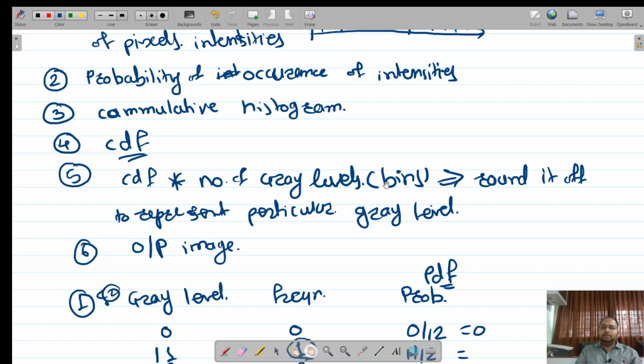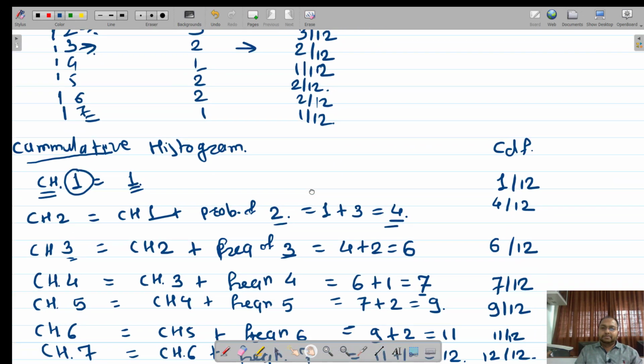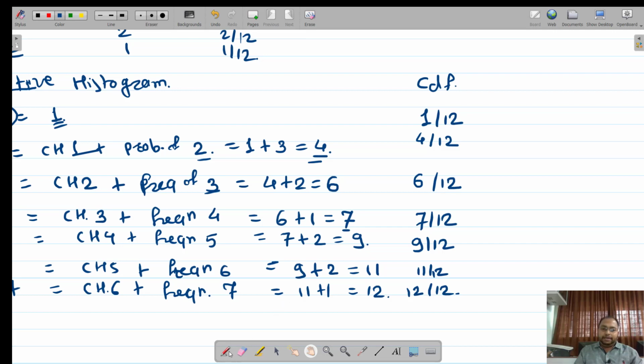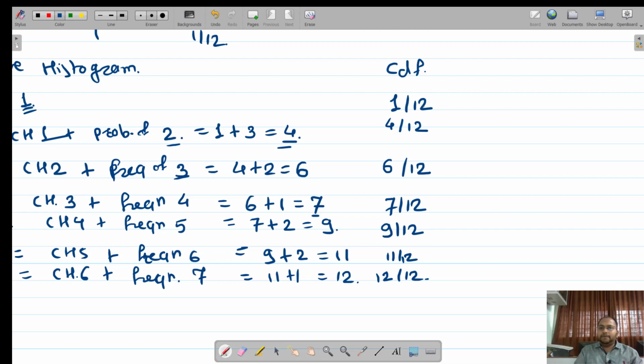So the number of bins is 8, and therefore we are going to multiply by 8. Let us first calculate 1 by 12, which is 0.083, and we multiply it by 8.